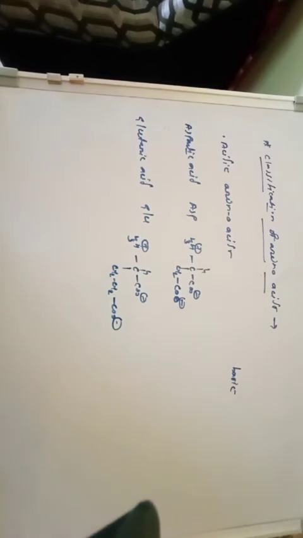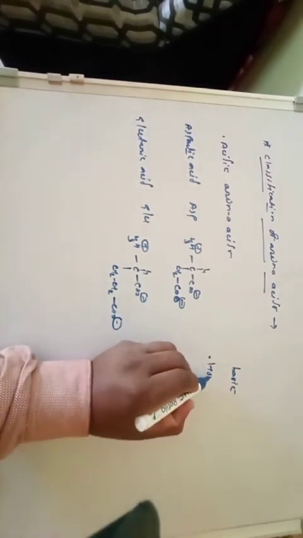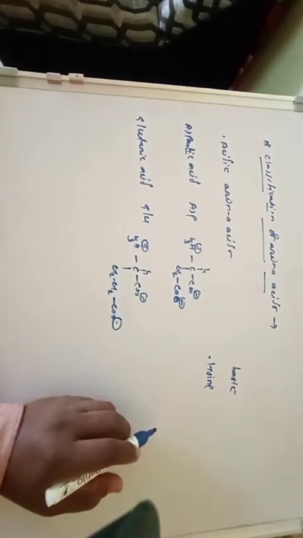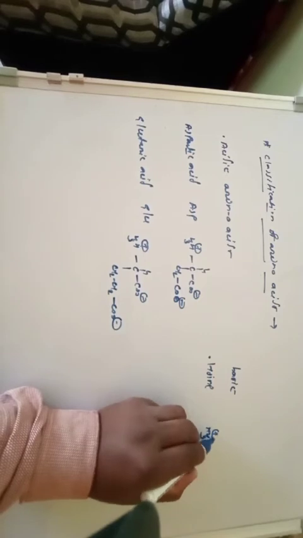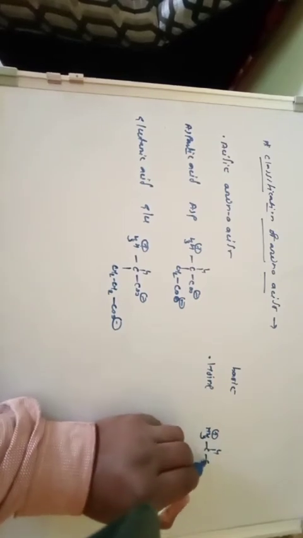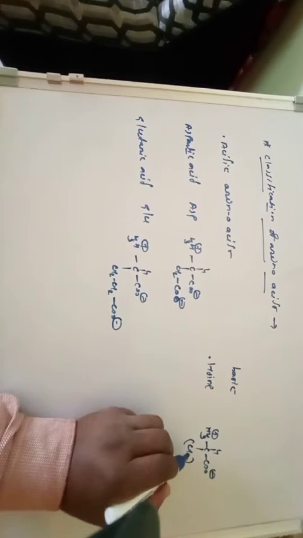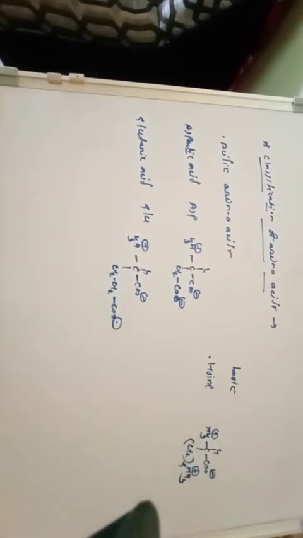So let us discuss the basic amino acids. The first one is your lysine. It contains two amino groups: NH3 positive, CHCOO minus, it having CH2 four times NH3 positive. This is your lysine. The symbol is LYS.